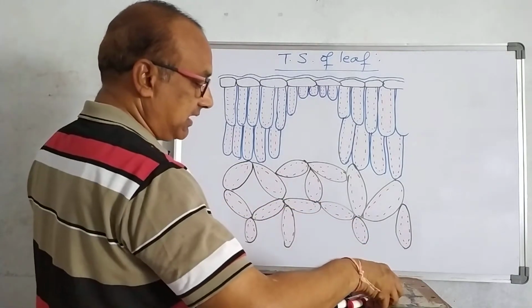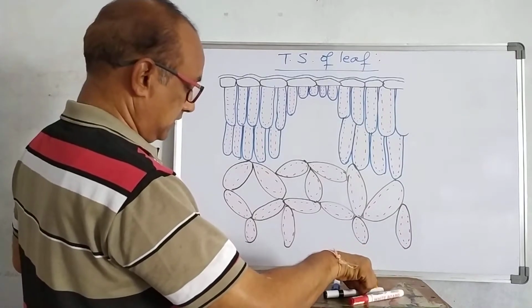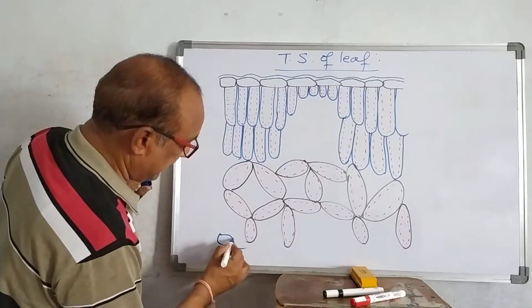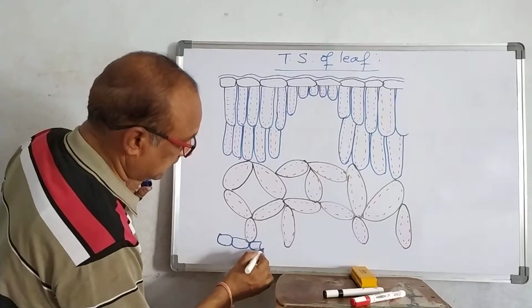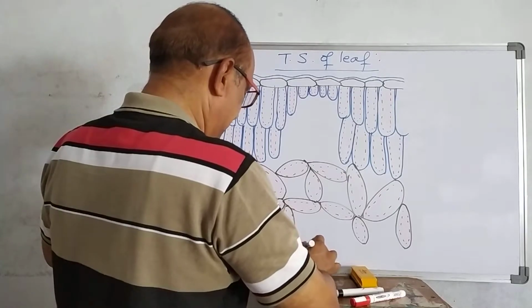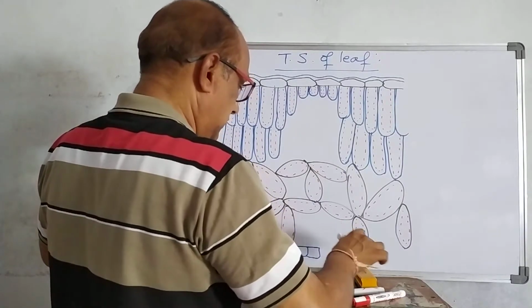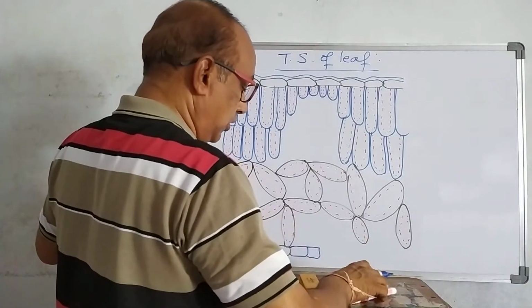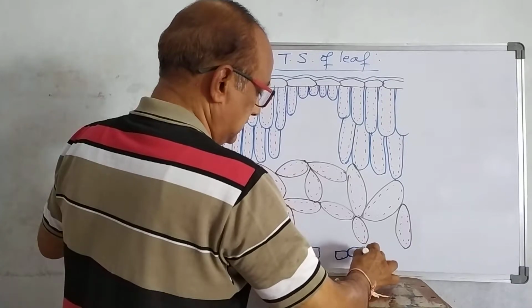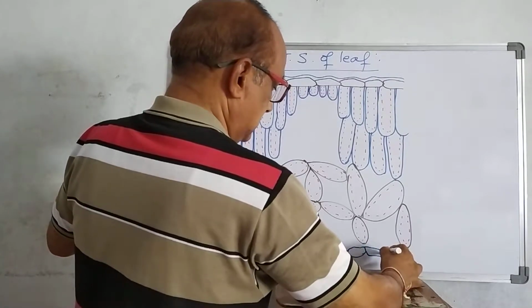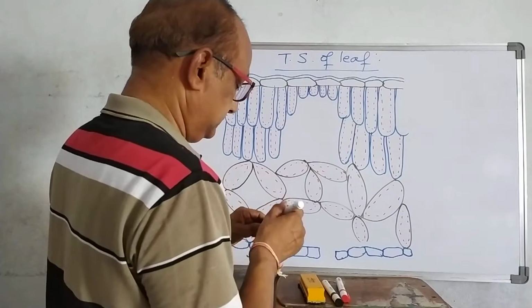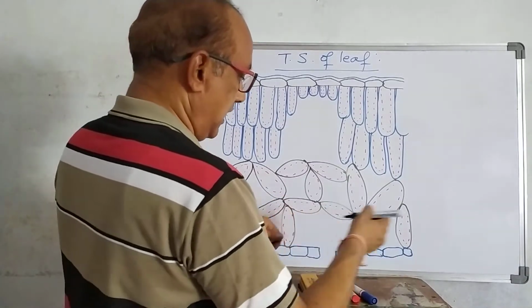In palisade parenchyma, there are more chloroplasts, whereas in spongy parenchyma, there are fewer chloroplasts. Are you following?